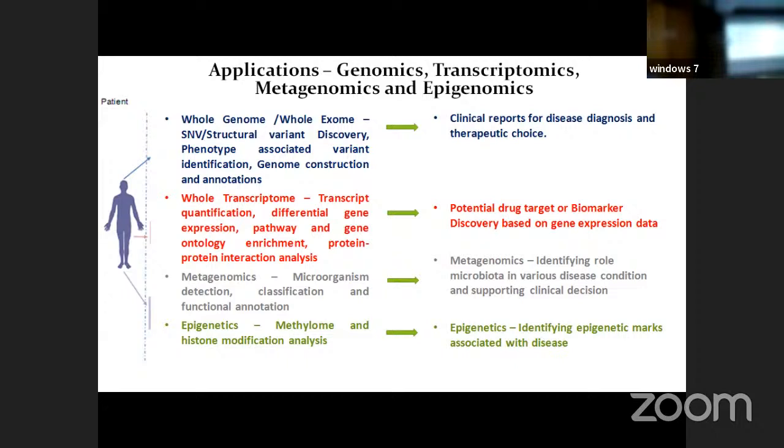Those susceptibilities can be identified and reported as clinical reports. So the application of whole genome and whole exome analysis is that you can go for SNP or structural variant discovery to identify phenotypes associated with a specific disease and generate a clinical report.